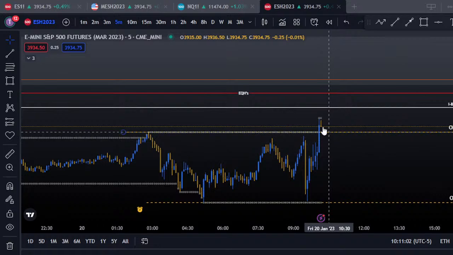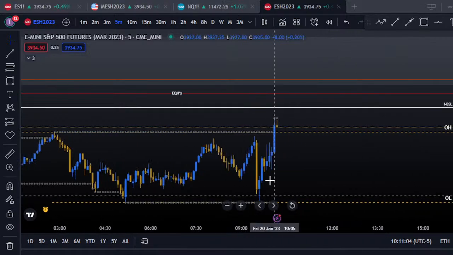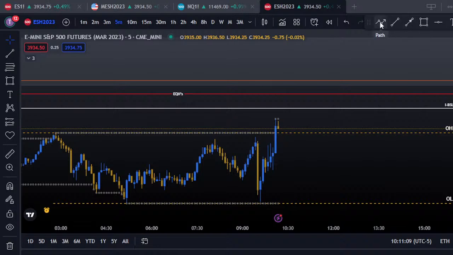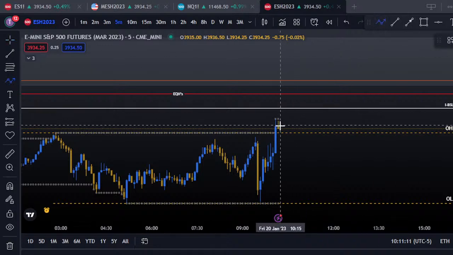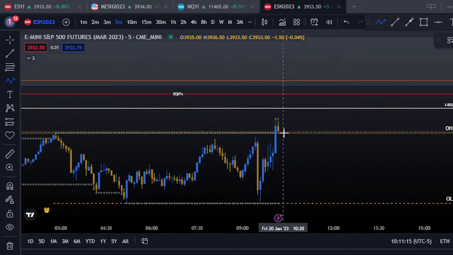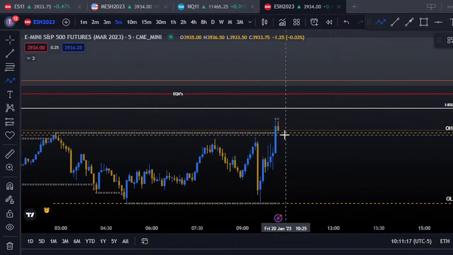Now, it's still no play based off of this for what I want, man. For my particular setup, say we get a down candle right here. Say it comes down, it closes right here.